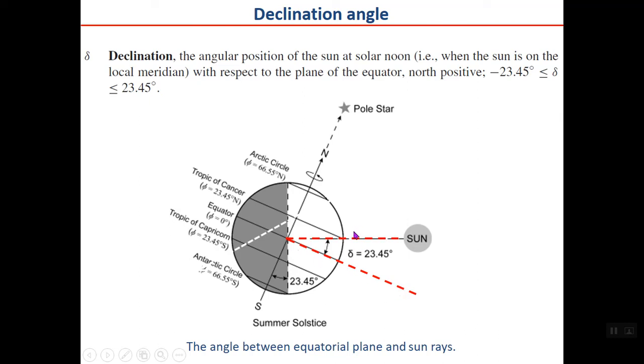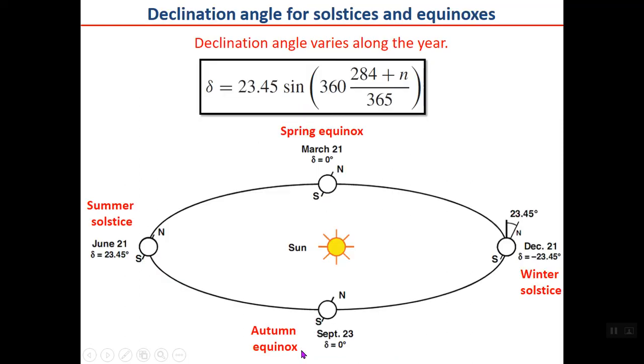You can see here the definition: the angle between the equatorial plane and the sun ray. This is also a correct explanation. You can use either this or this explanation or definition.